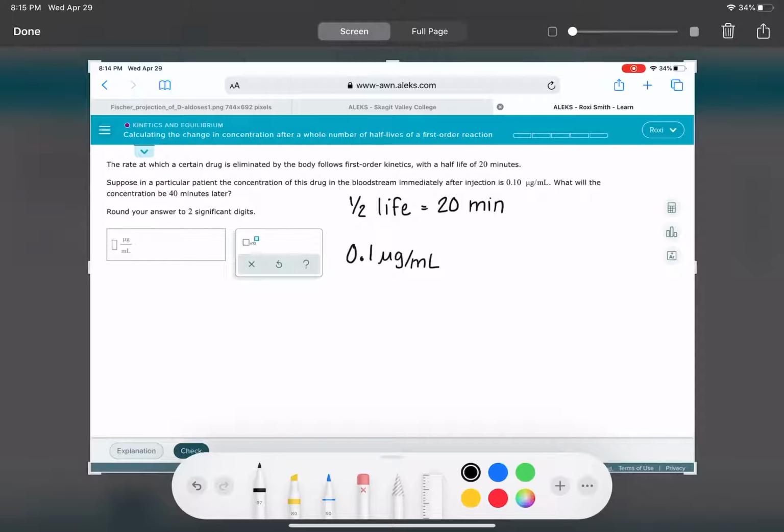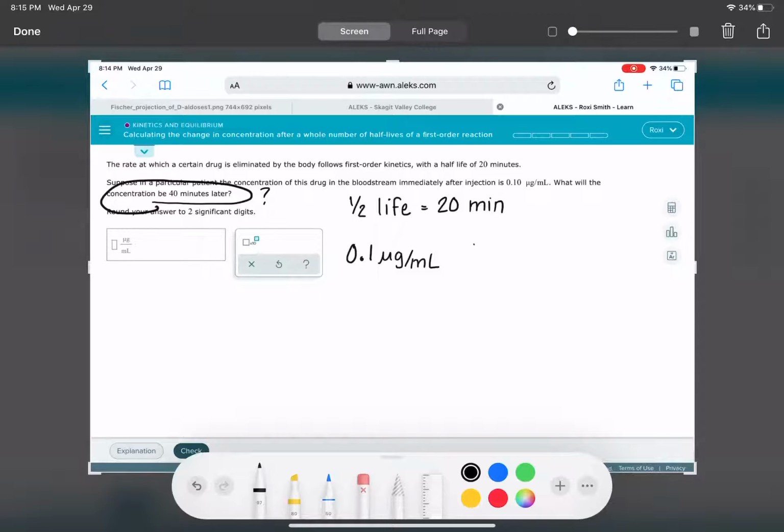And the question wants to know, what will the concentration be in 40 minutes? 40 minutes is a good number of half-lives. It's 2 half-lives, so it makes it really easy for us to work with.